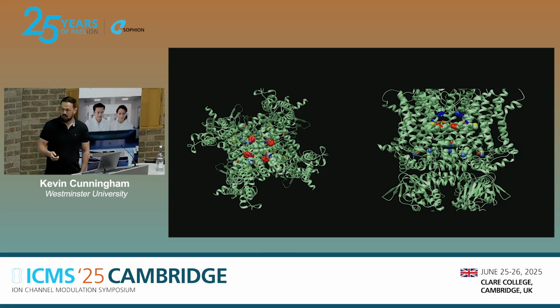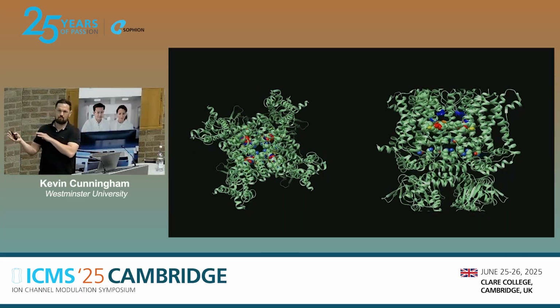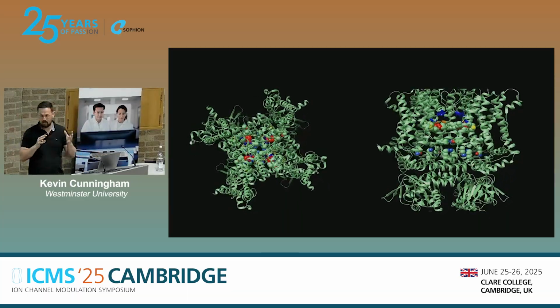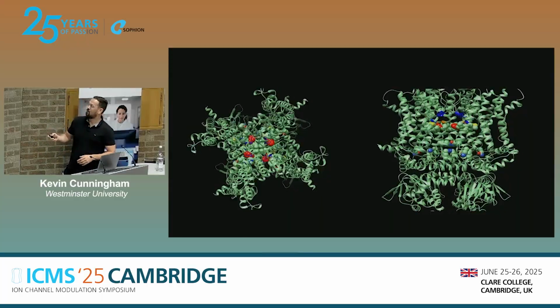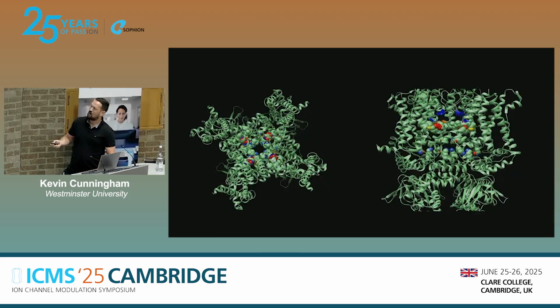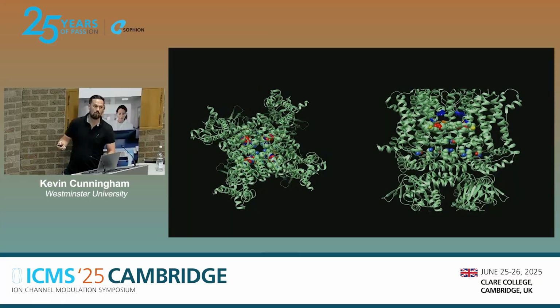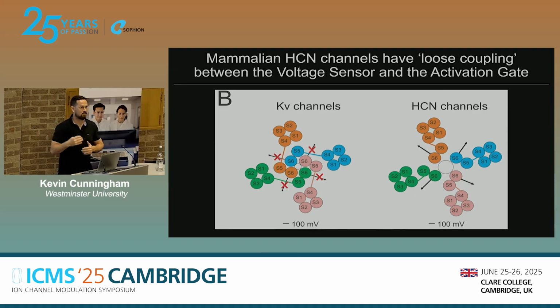voltages. So we were working on the interaction between the S4, the voltage sensor, and the pore domain, and the coupling. To crudely show, we have the S4 moving down here, and it bends. And then as that moves down, the pore opens. So we were always looking at the differences between the classical potassium channels and how they do not open upon hyperpolarization, and why this might be the case with HCN and why there's such a weak coupling.